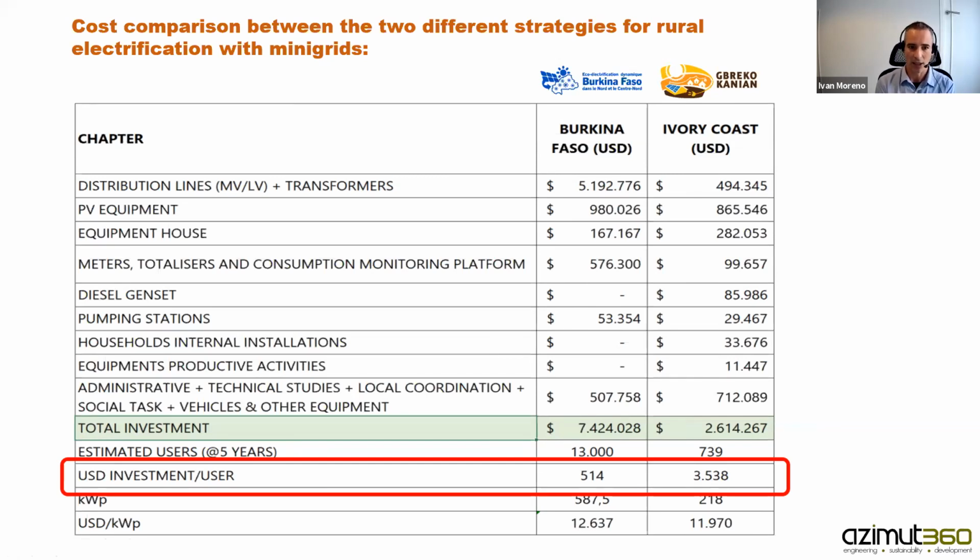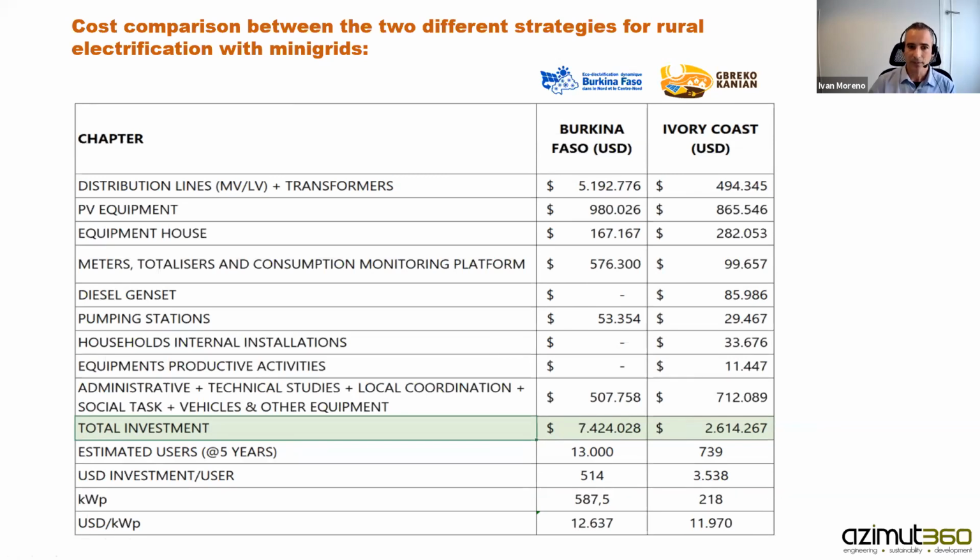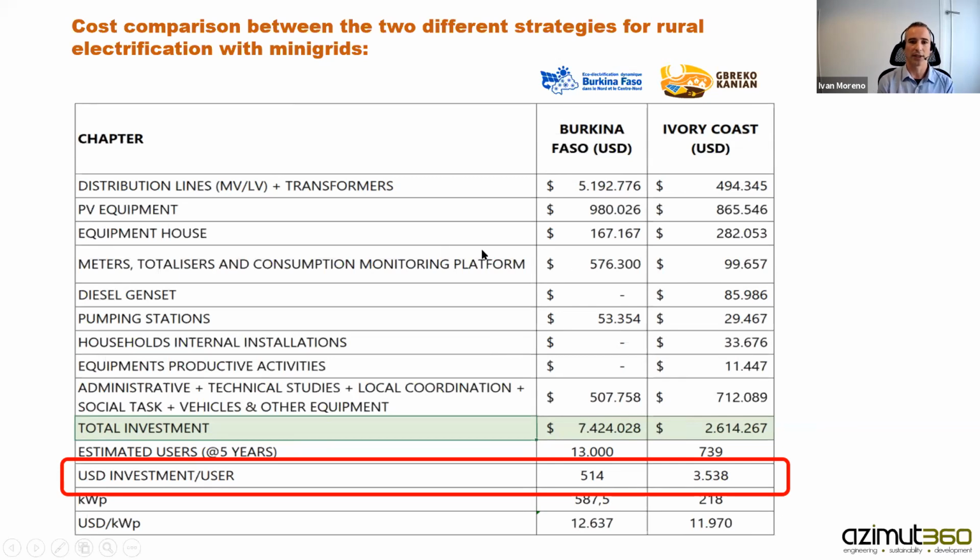Here we can see the total investment per user is very low in the centralized model compared to the isolated mini grids. The total investment is higher, but 7.5 million compared to 2.5 in the case of isolated mini grids. But the estimated users are bigger, a lot bigger.